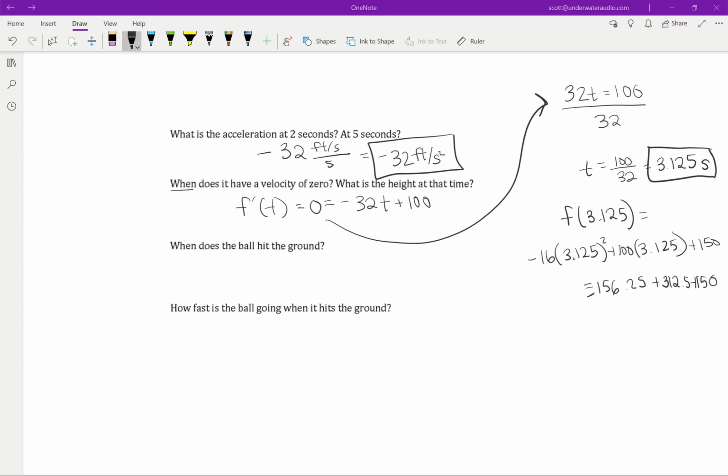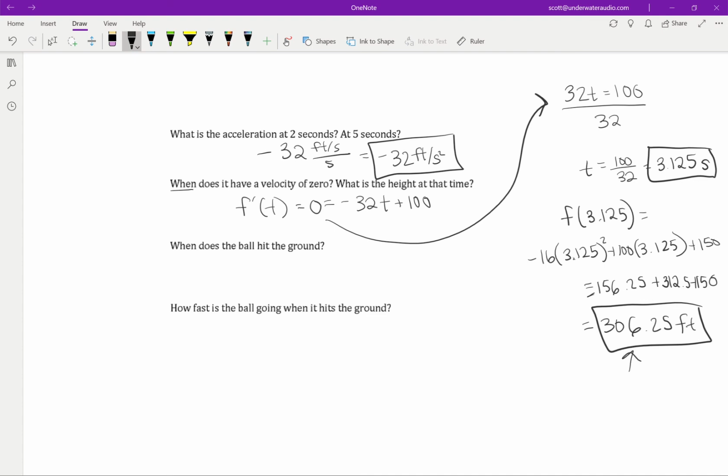Sorry, I'm having some calculator issues. So negative 156.25 plus 312.5 plus 150. Okay, I get 306.25, and that's feet. Cool. If it has a velocity of 0, that means it's not going up or going down. So I think this is the highest point.